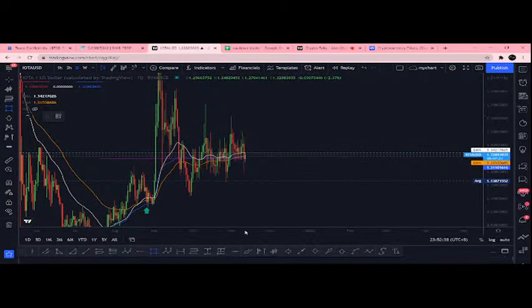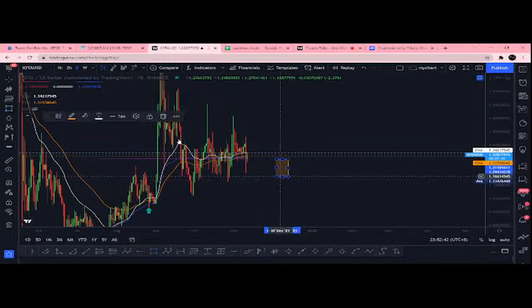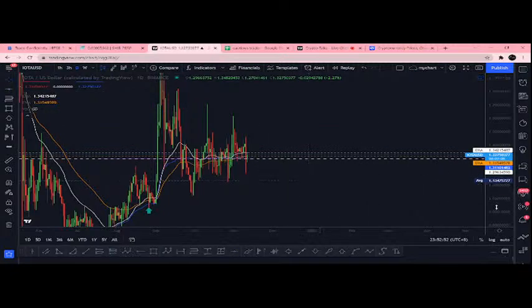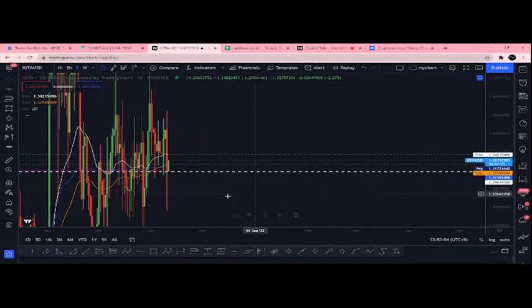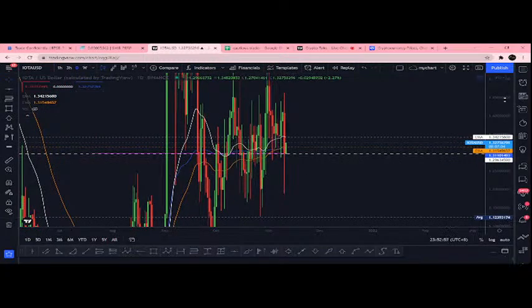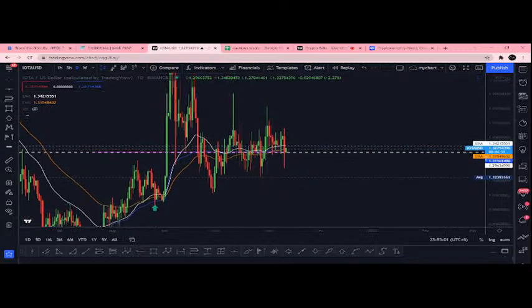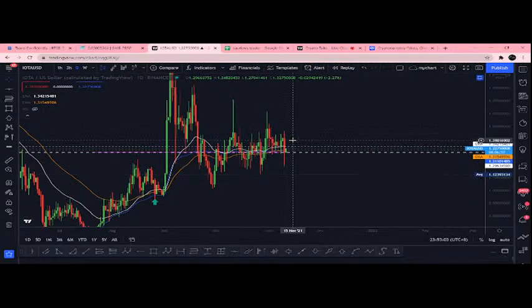I'm gonna use this one as our support area. So that is 1.29. As long as it trade above 1.39, though meron siyang wick dito alam kasi.